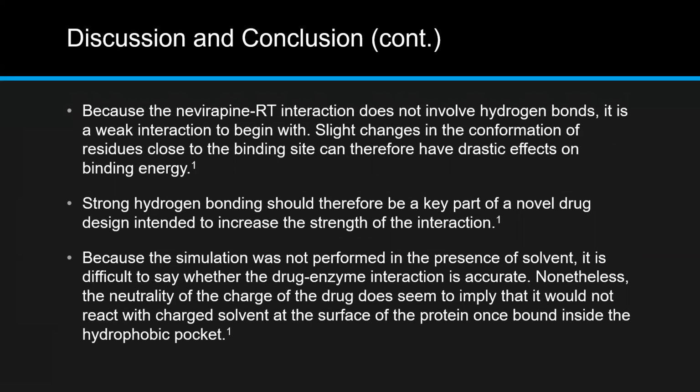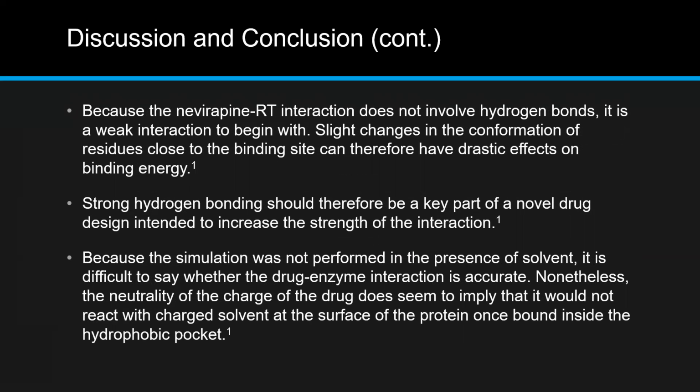So we can draw a few conclusions from this, which are supported by published research in this area. Because the nevirapine reverse transcriptase interaction does not involve hydrogen bonding, it's a weak interaction to begin with, and nevirapine is also an allosteric inhibitor of reverse transcriptase.